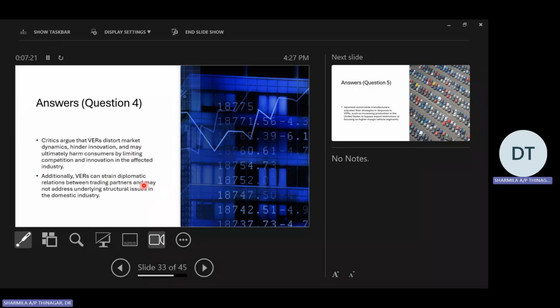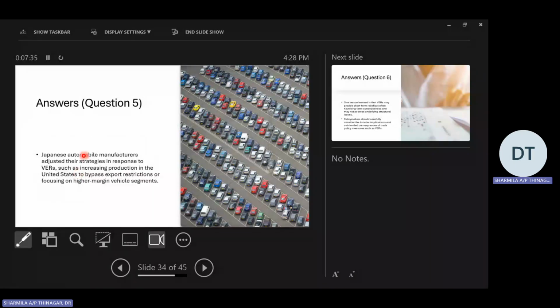So number 5, this is based on the article as well. They ask you about the change in behavior. So they will adjust their strategy in response to the VER, for example, increasing production in the US to bypass the export restrictions. If Japan is producing in Japan and exporting to the US, it's different.